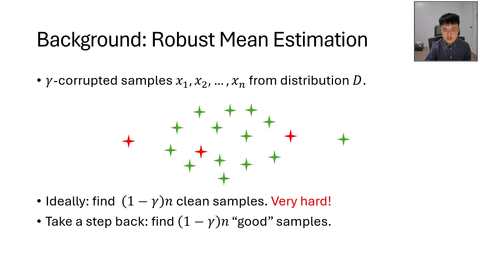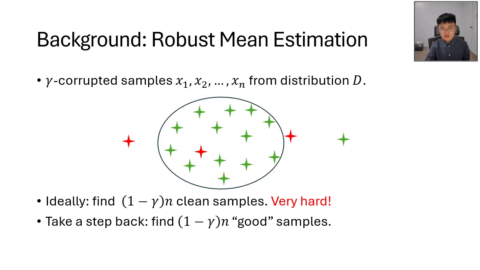Instead of trying to pinpoint for each data point whether it's good or not, we try to find a good subset of the samples, which may contain a small portion of bad samples, but can give us a good estimate.